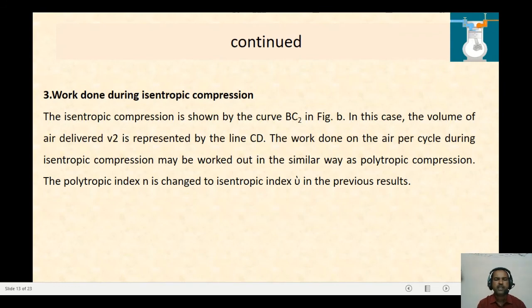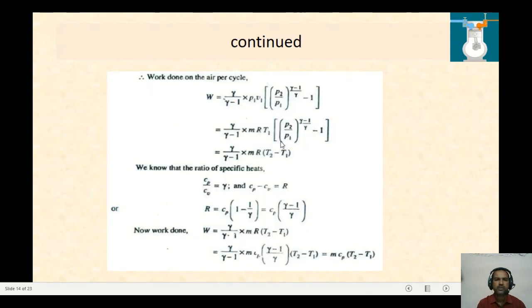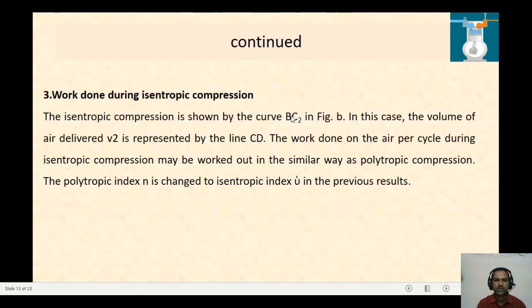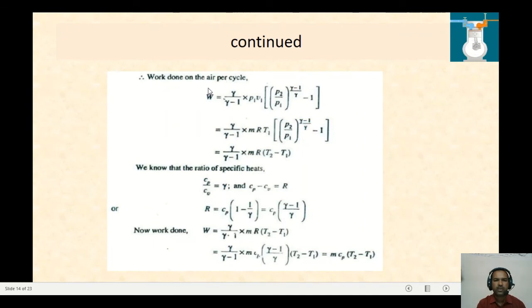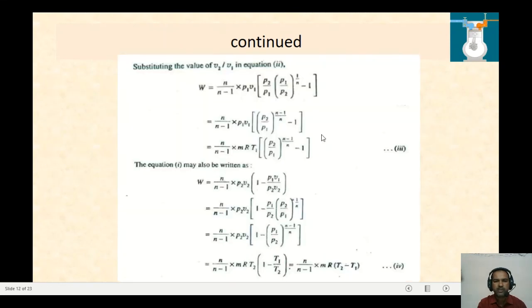And next, the isentropic process is also the same. Work done for the isentropic process, finally what we will get is this formula: gamma divided by gamma minus 1 mRT1 P2 by P1 raised to gamma minus 1 divided by gamma minus 1. So what is the main difference between these two?